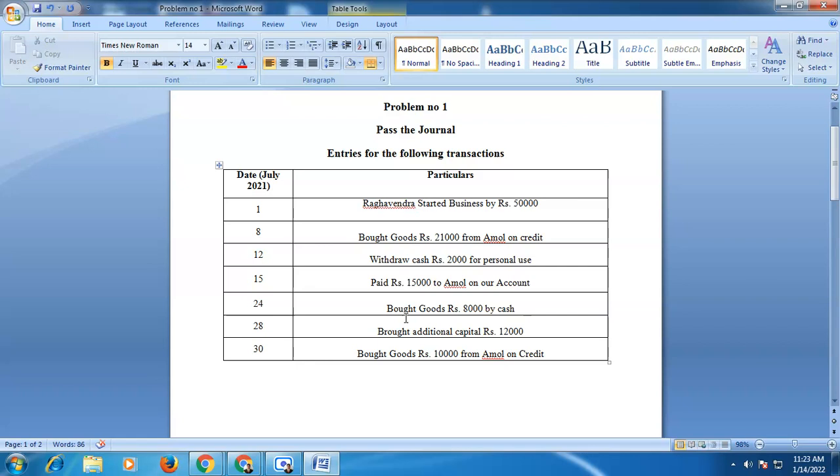Raghavendra started business by rupees 50,000. So 50,000 here is capital, and 50,000 indicates the cash also. So cash is what? Cash is a real account. And what is the rule of real account? Debit what comes in and credit what goes out.